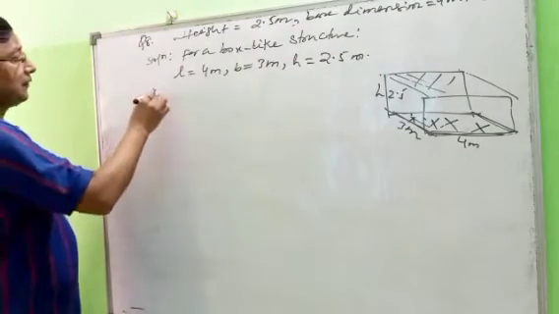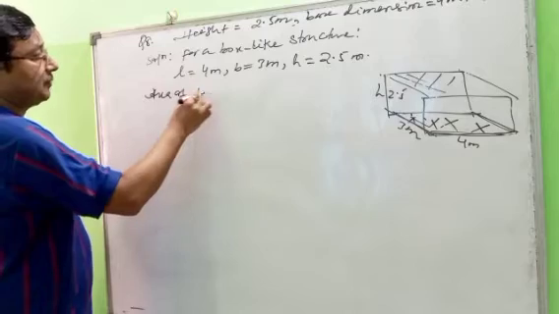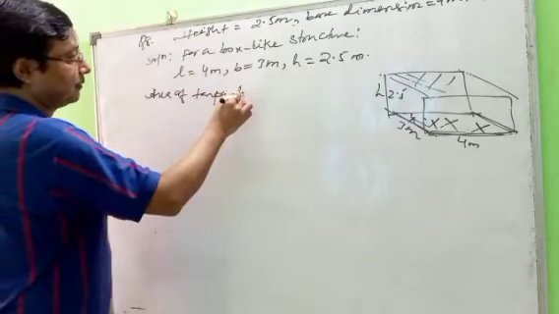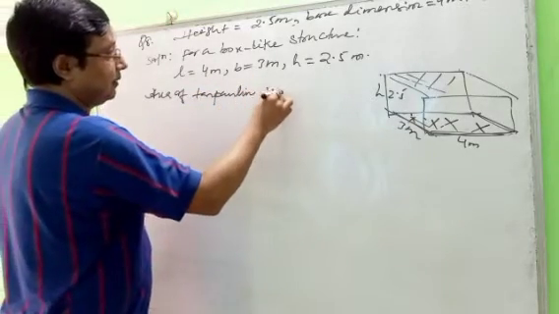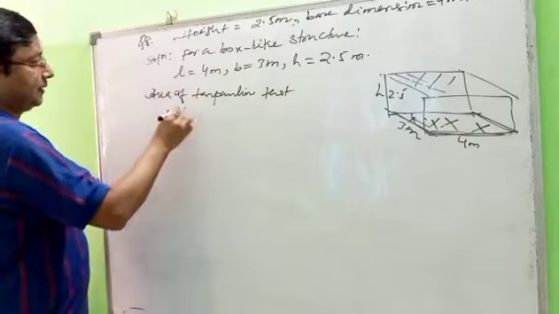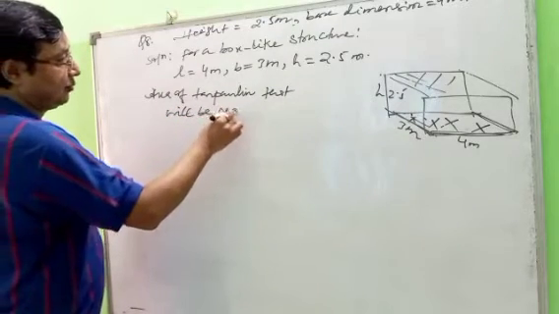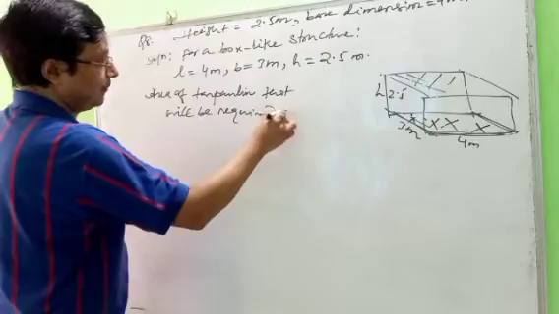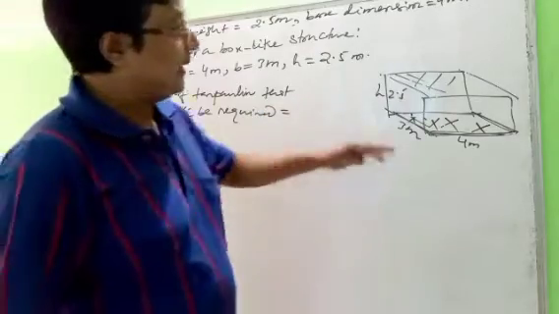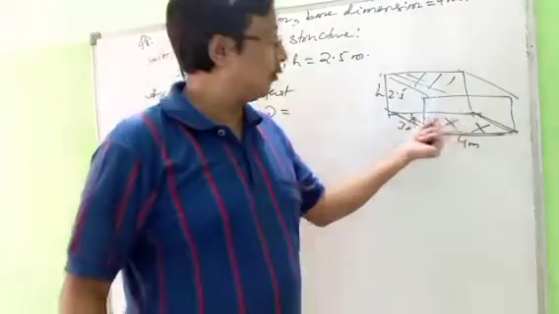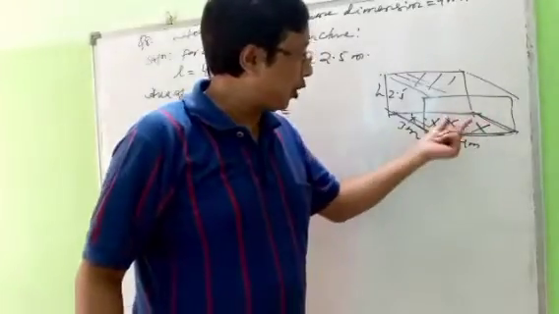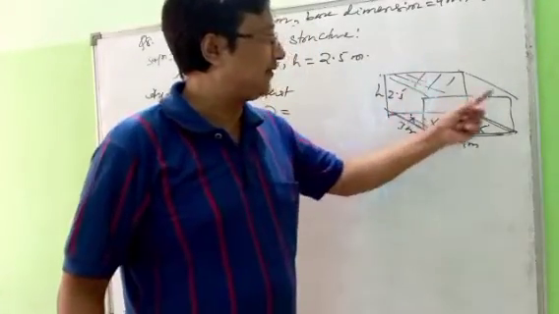So area of tarpaulin that will be required equals to. Except this floor, they are not going to use tarpaulin on the floor, but the remaining 5 faces.